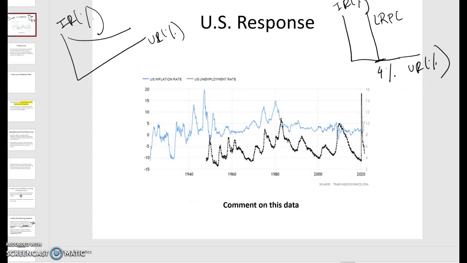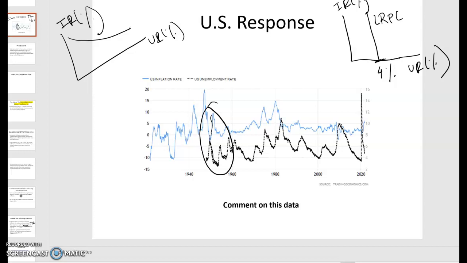Let me go over and show you something here. I was looking at the US economy. I find some sort of inverse relation over this period, when the inflation rate is going up and unemployment rate is going down.